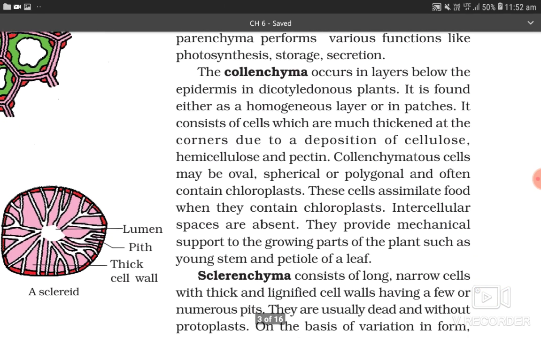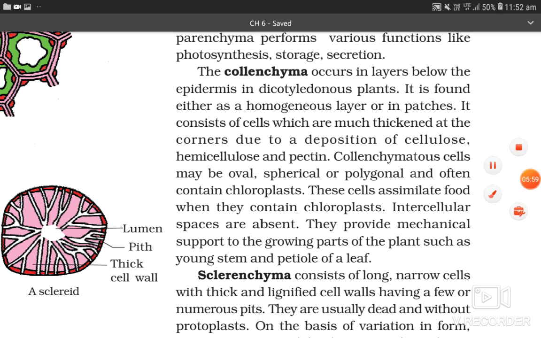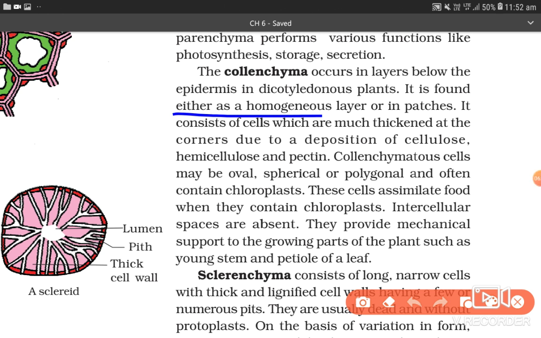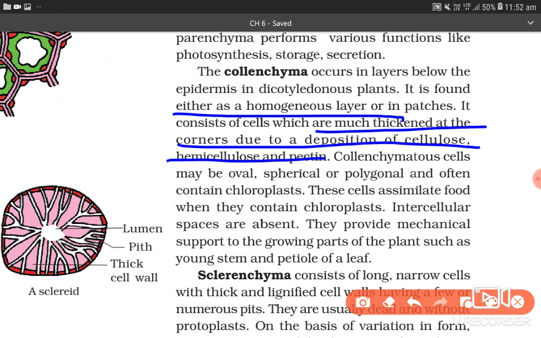Collenchyma occurs in layers below the epidermis in dicotyledonous plants. It is found either as homogeneous layer or in patches. It consists of cells which are much thickened at the corners due to deposition of cellulose, hemicellulose, and pectin.